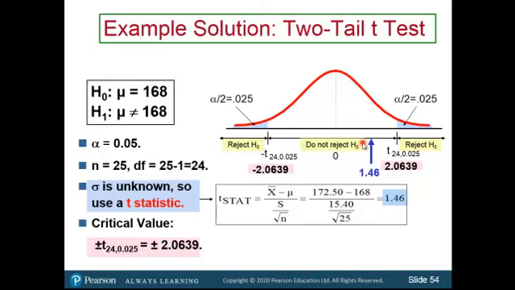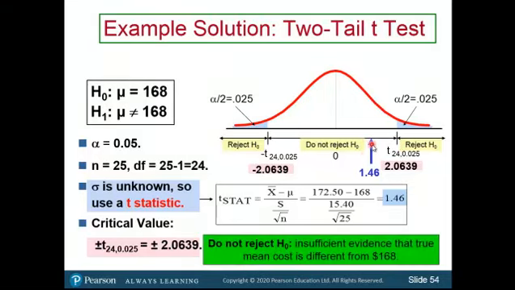So do not reject the null hypothesis because the t statistic is less than the critical value. Our conclusion is that there is insufficient evidence that the true mean cost is different from RM 168. That is the conclusion of our test. Since we do not reject, we fail to reject the null hypothesis.